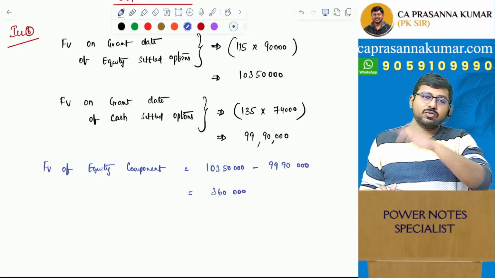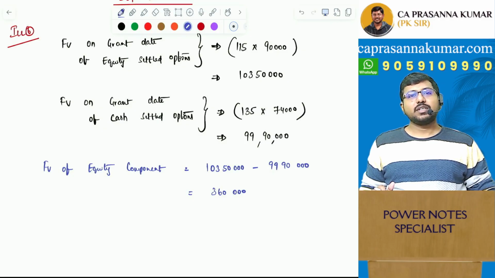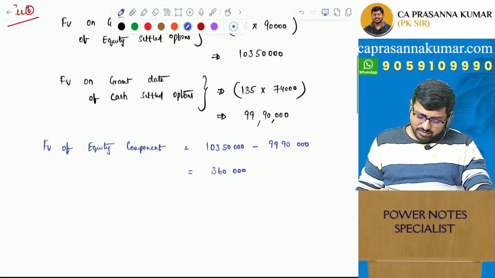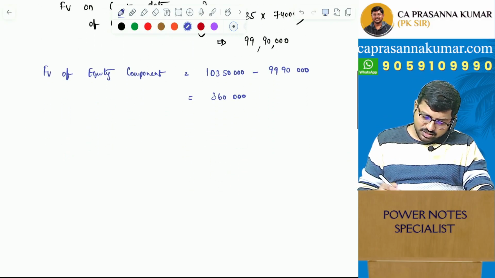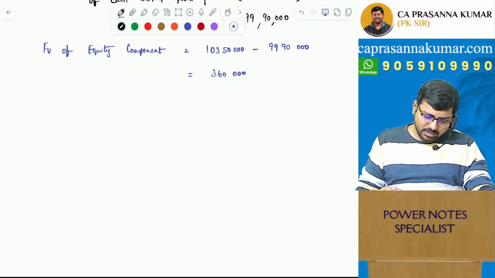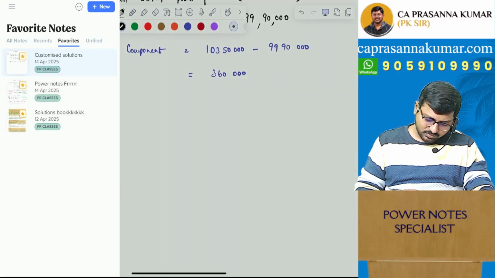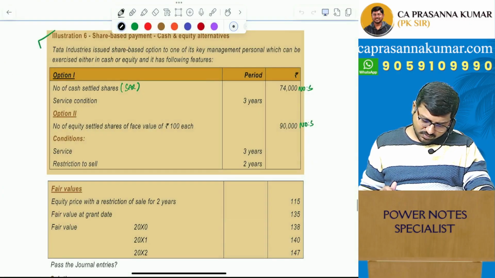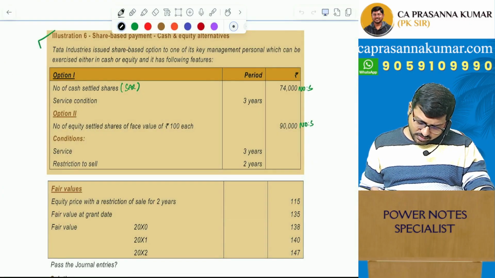From there, we need to issue the equity share capital as well as securities premium. So you know all these things, right? We have already discussed enough number of times. So let's start solving. Chalo. The first date will be what, Nana? You can see the question over here. 20x0, right?